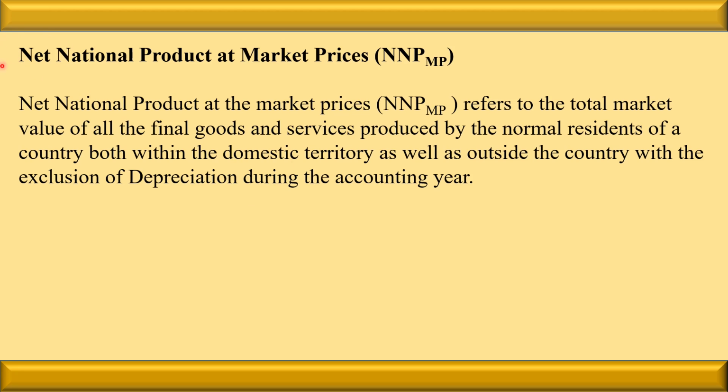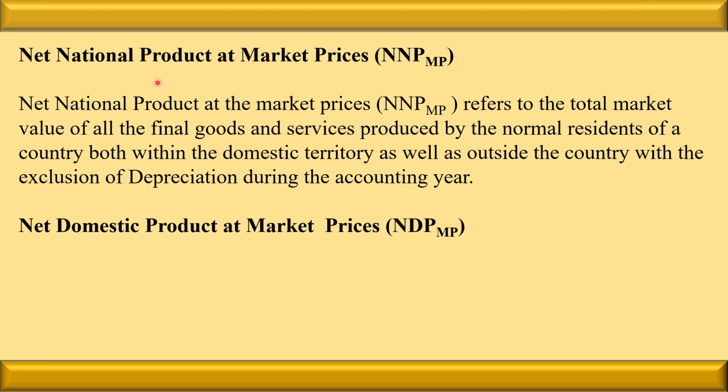Here the word net is written, N is written, not gross. N means excluding depreciation. So I repeat it again: net national product at market price is the sum total of the market value of goods and services produced by the normal residents within the domestic territory as well as outside the domestic territory without considering depreciation during an accounting year.